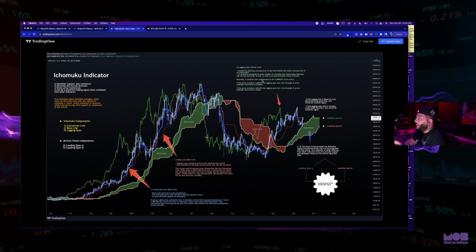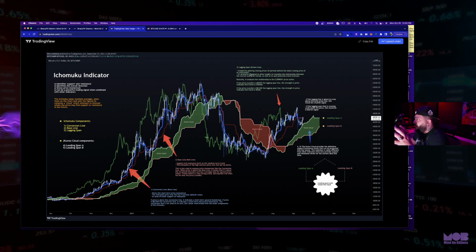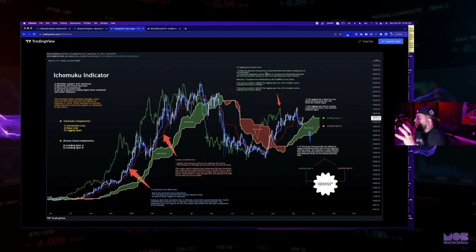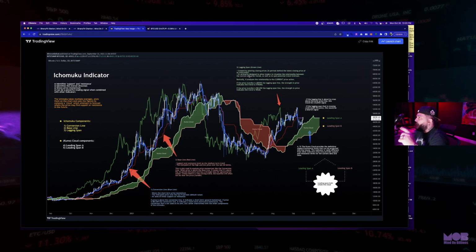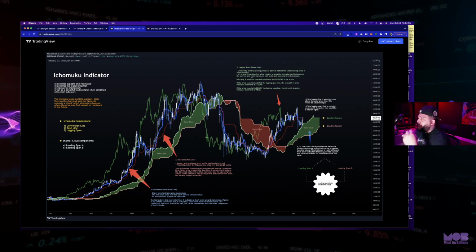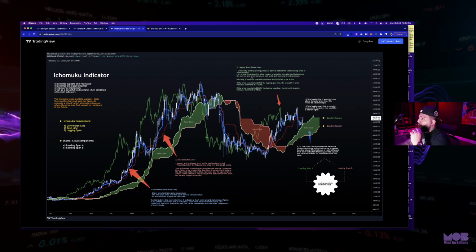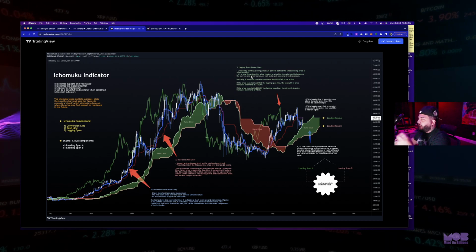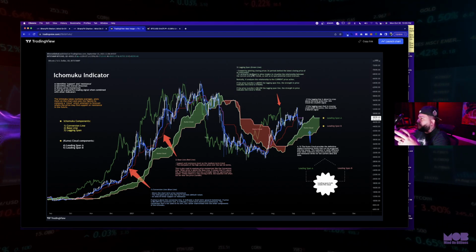The lagging span is created by plotting closing prices 26 periods behind the latest closing price of an instrument, trading asset or currency pair, or index or crypto or commodity, whatever it is that you're trading. That's also referred to as an instrument.